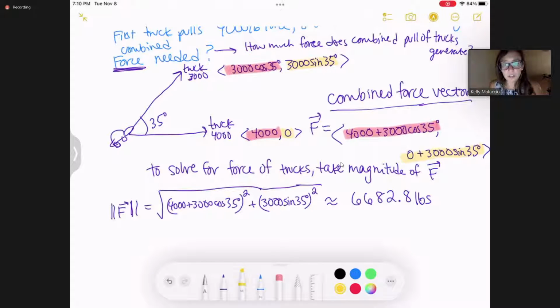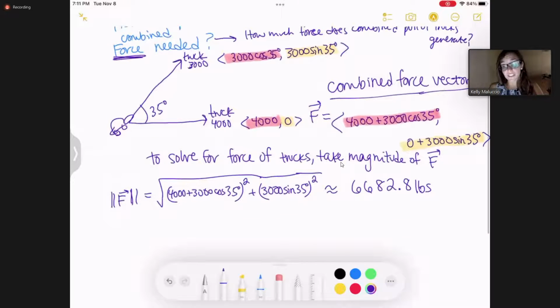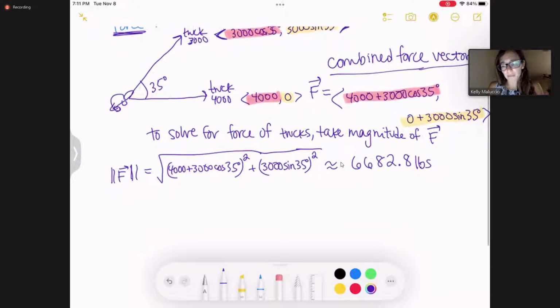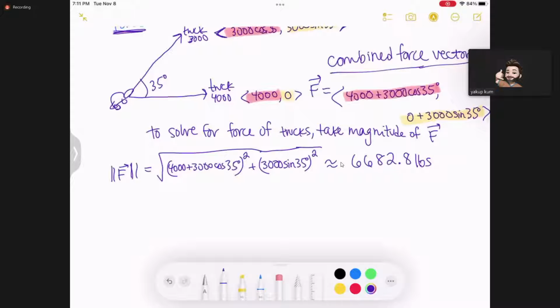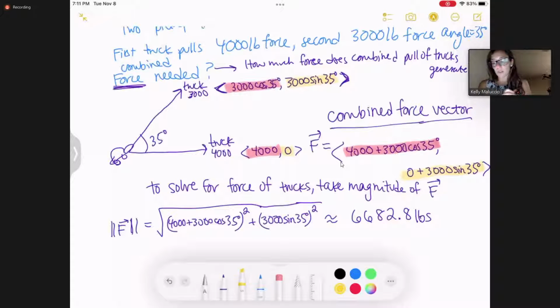And I don't care which one you're going to use on the test. It's up to you, in terms of i and j or not. Just make sure it's in these vectors. It's technically a vector, right? The i and j doesn't really do anything, but sometimes they like to write it as an equation with variables instead of this thing.